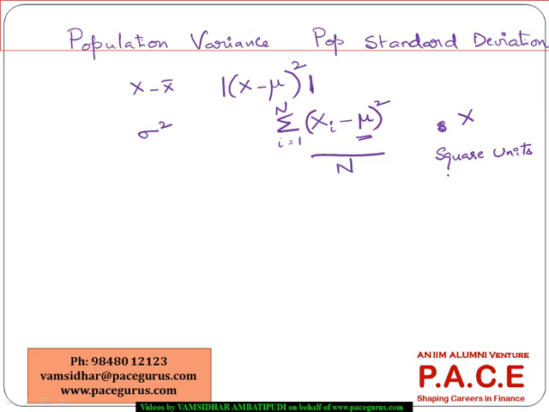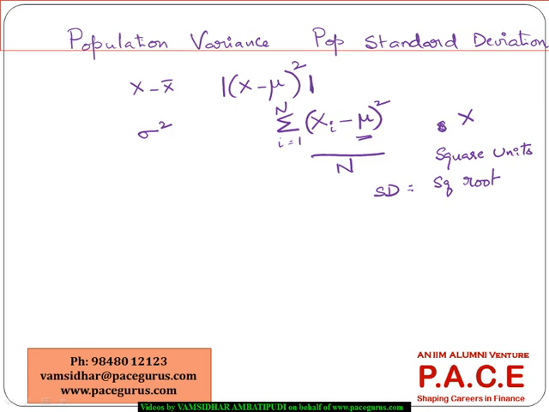Because I have squared it, I want to come back to my original units, which means I want to take the square root so that I can return to the original units. That is what is being addressed by the standard deviation. Standard deviation is nothing but the square root of the variance.